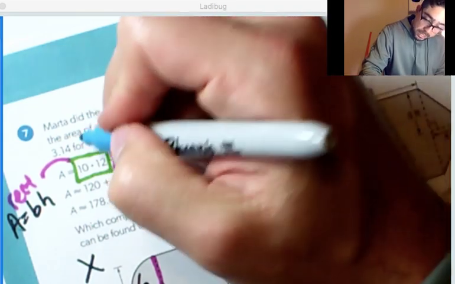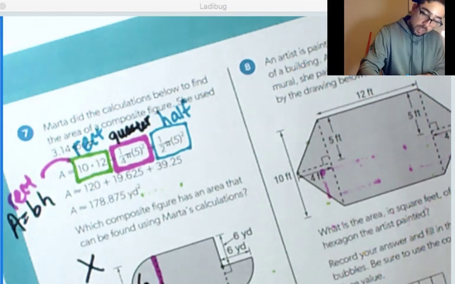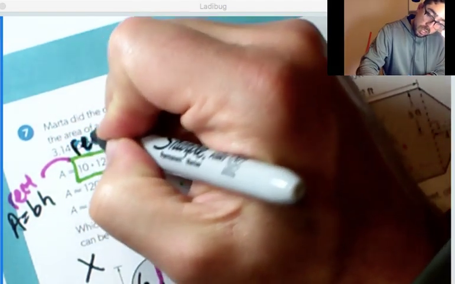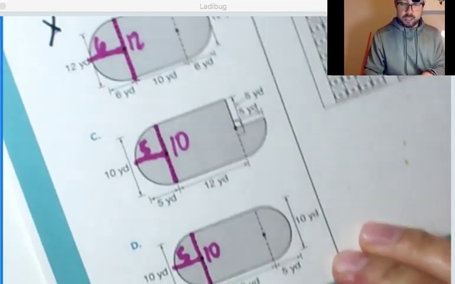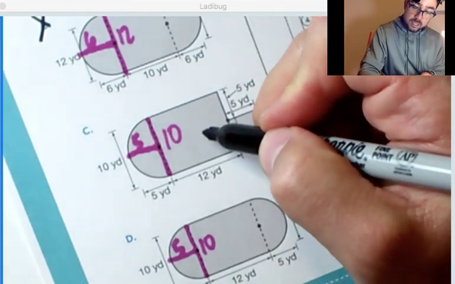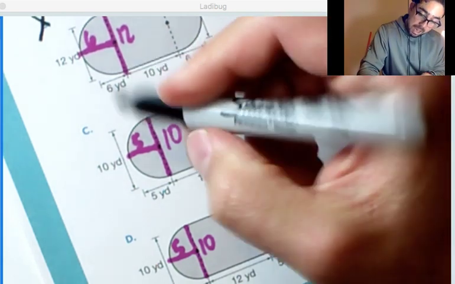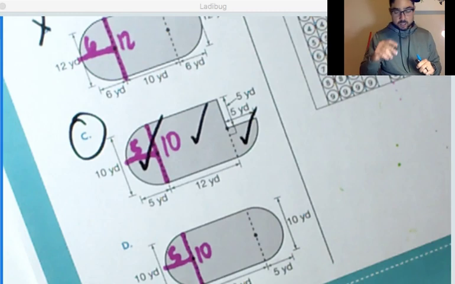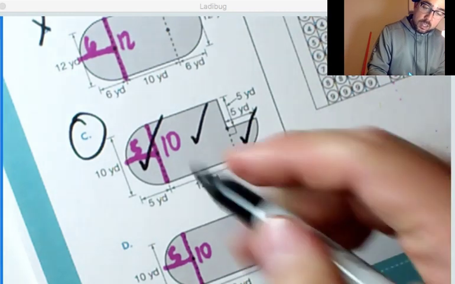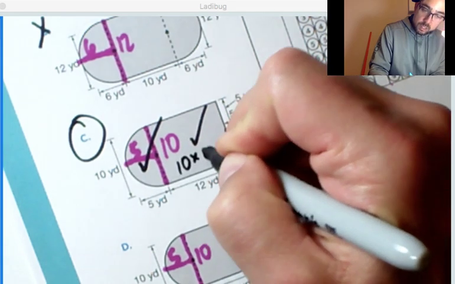So a rectangle, a quarter, and a half. Let's look to see which one has that. It's going to be either C or D. So rectangle, yes. A quarter, yes. And a half, yes. So the answer here is C. Again, this would be 10 times 12 for the rectangle.